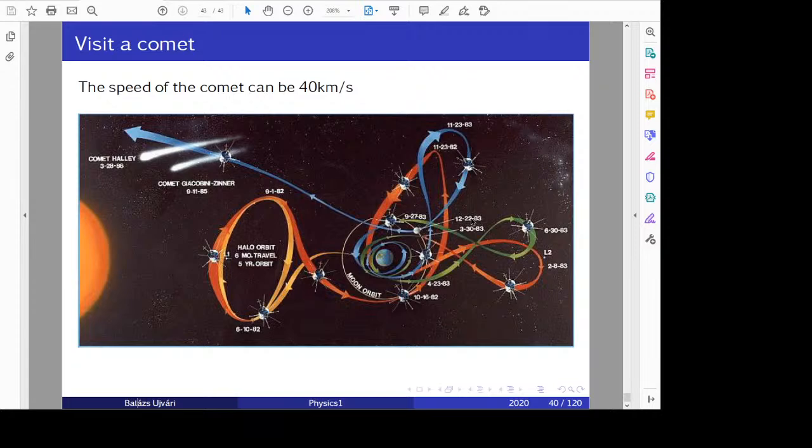Therefore, at NASA or the European Space Agency, they use this gravity assist, let's say 10 or 20 times, to speed up the satellite to have the same speed as the comet and fly parallel. This can be long, so sometimes one travel of the satellite to fly parallel with a comet can be 10 years long.